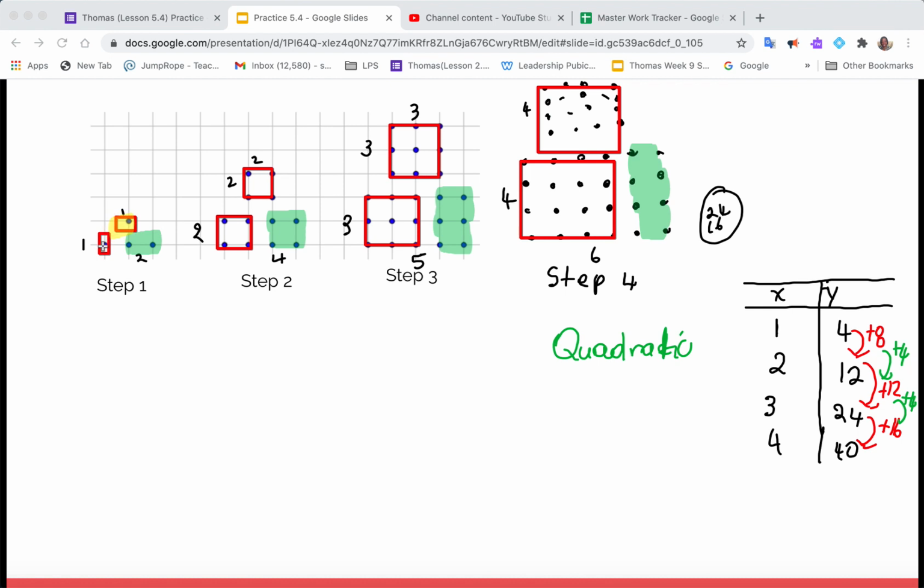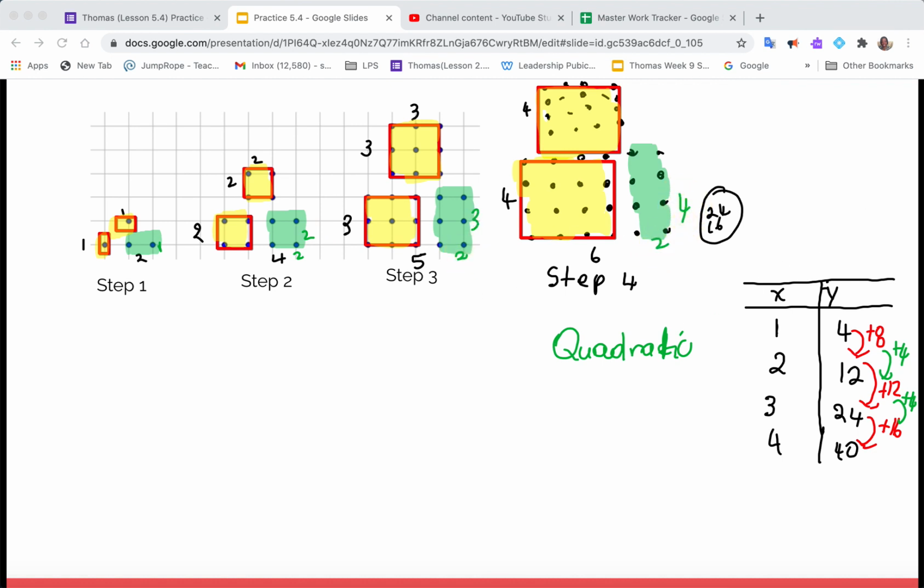So on each pattern, we have 2 sets of increasing squares, and then 2 times n. This is 2 times 1, this is 2 times 2, this is 2 times 3, this is 2 times 4.